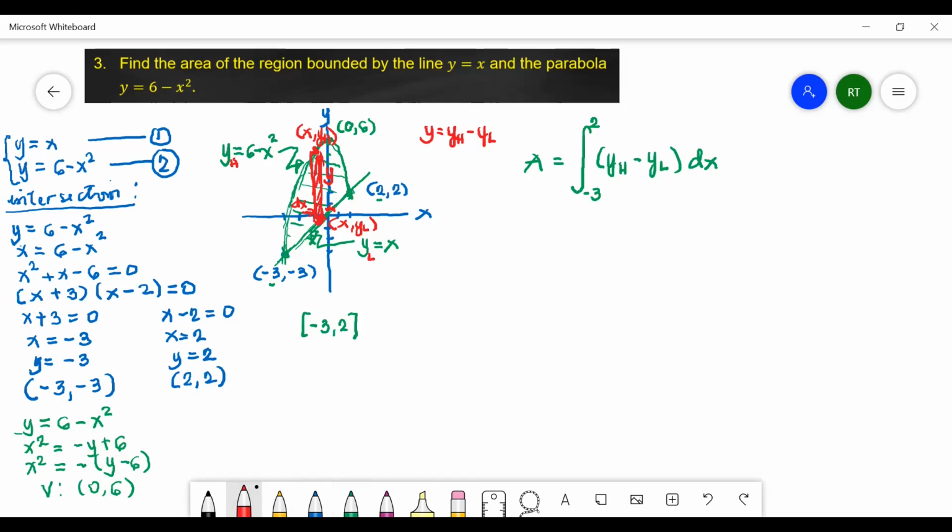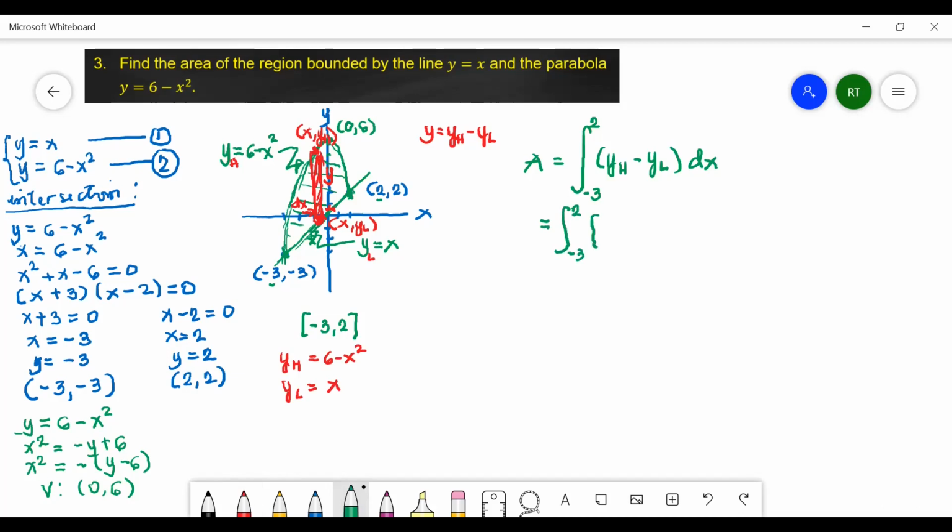So we can write here that y sub h is equal to 6 minus x squared, and y sub l is equal to x.